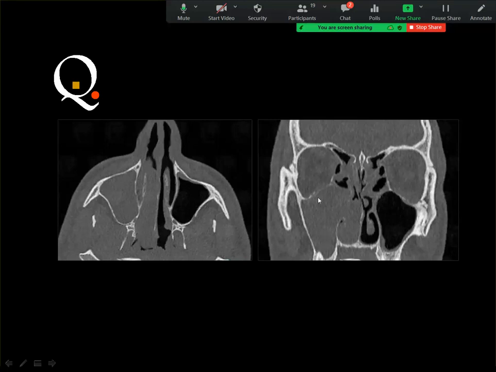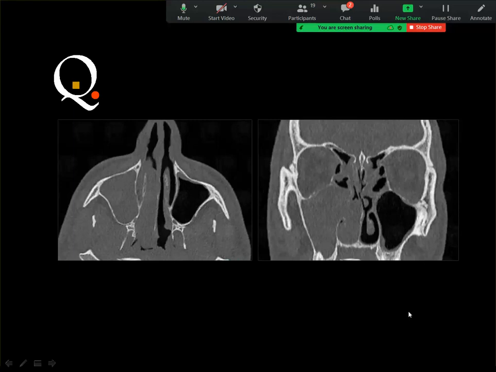And if the sinus is expanded compared to the opposite side and the ostium is wide and the nose is not expanding, then you are dealing with an antrochoanal polyp.